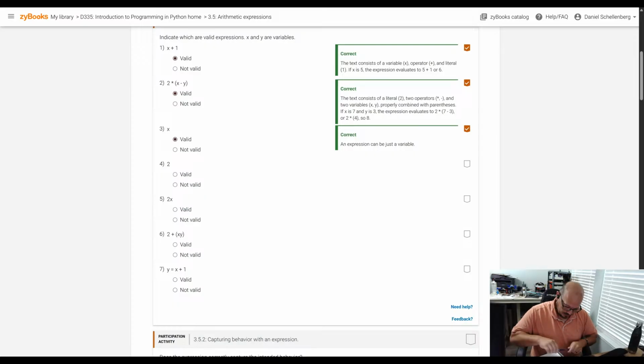Okay. So an expression can also be a variable. Just a variable.